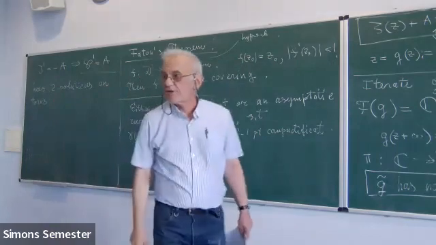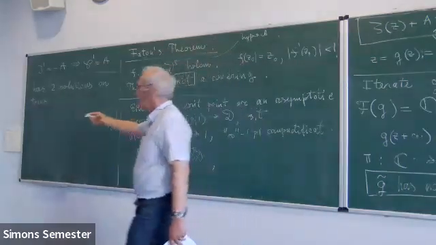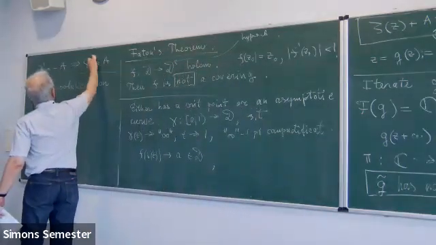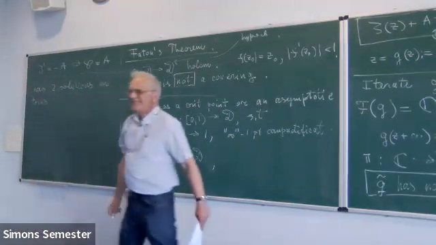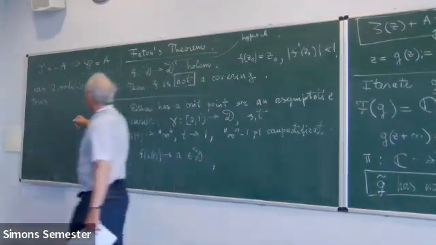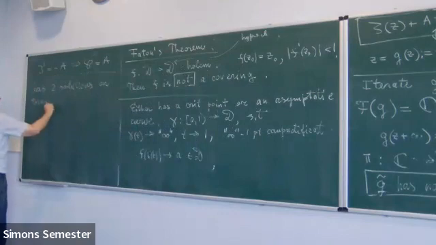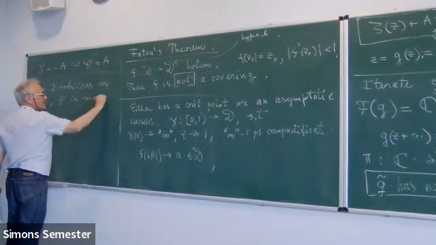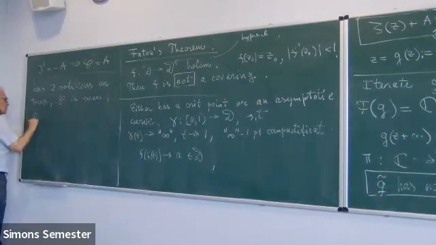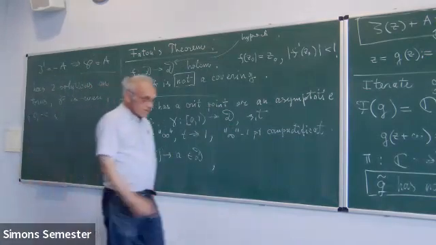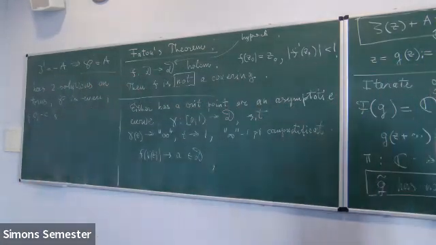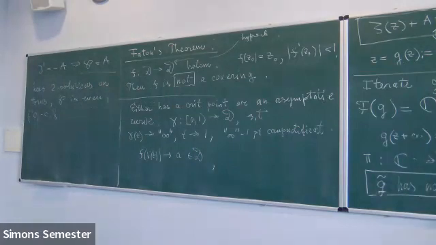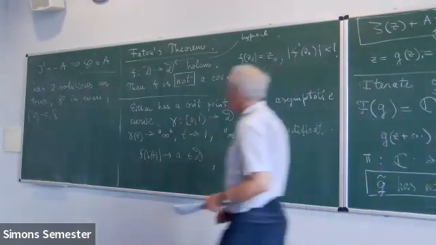So we have two critical points. Moreover, P is even, so these two solutions are of the form C and minus C. Okay, so we can have at most two attracting fixed points.